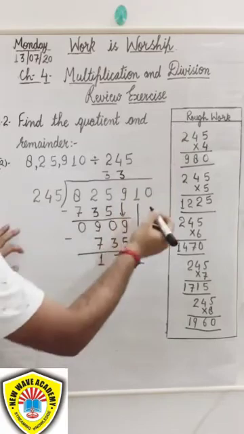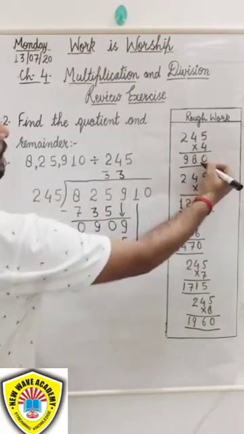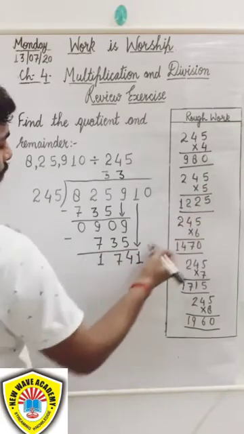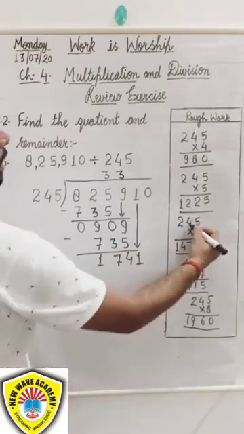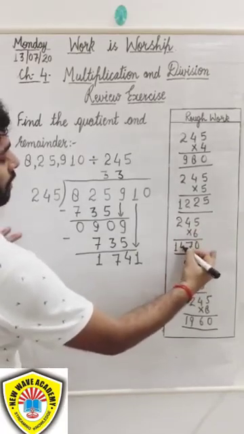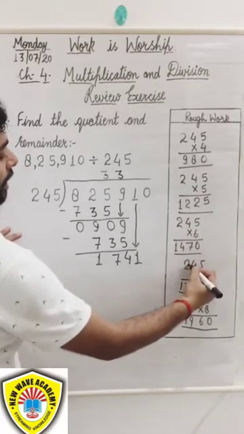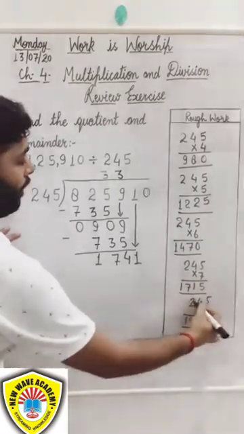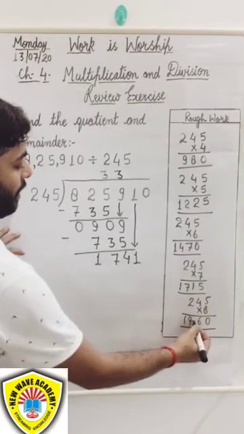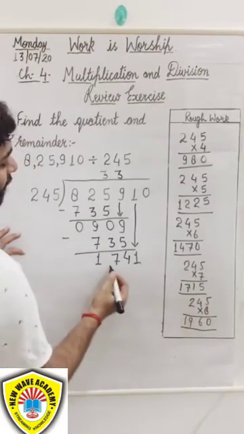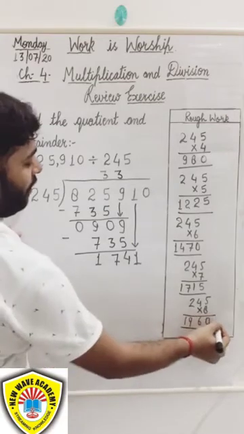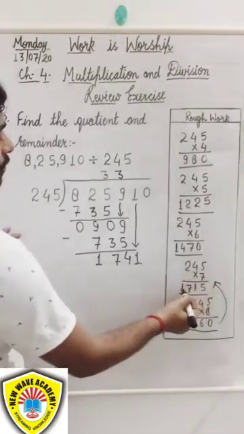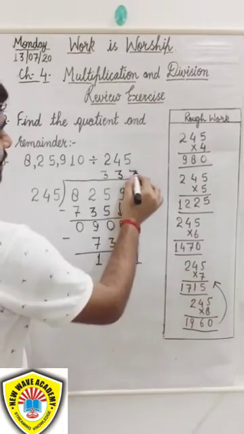Now let us start the assumption. 245 4s are 980, 245 5s are 1225, which is smaller than 1741. 245 by 6 is 1470. 245 by 7 is 1715. 245 by 8 is 1960, which is greater than 1741. So we will take the above step. So we will take 7 times here.